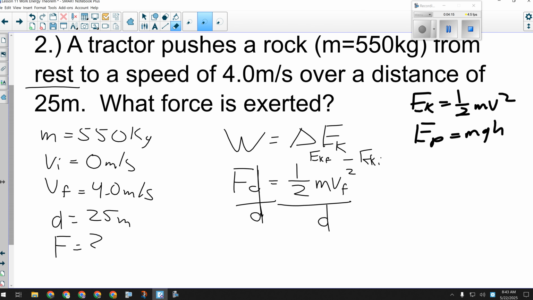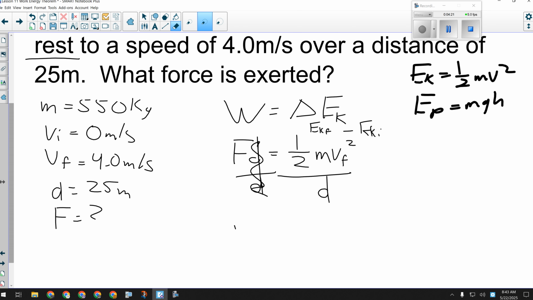So now I've done my algebra. The d is gone there, and I'm solving for force. Now I can plug in my numbers. Force equals 1/2 times 550 kilograms times 4 meters per second, all squared, divided by 25 meters.